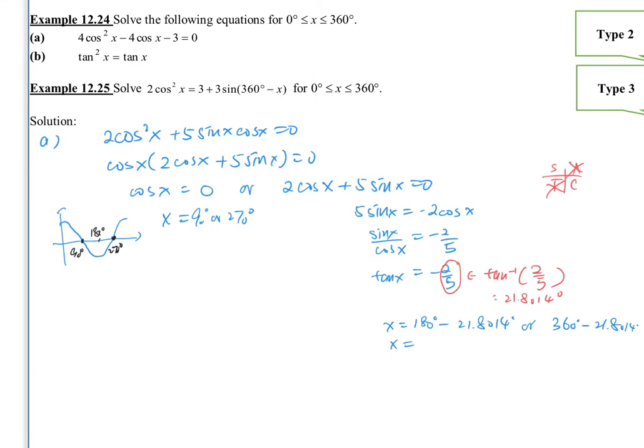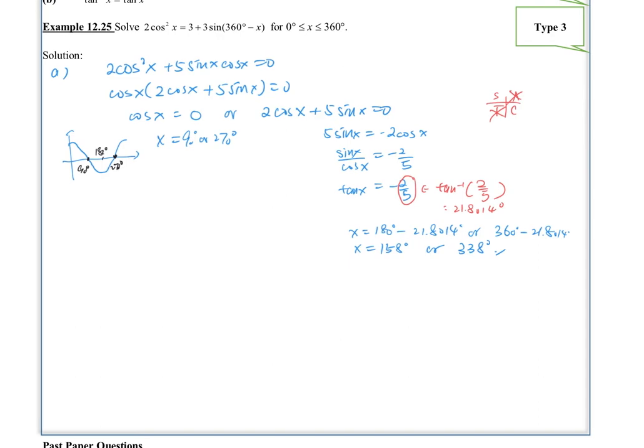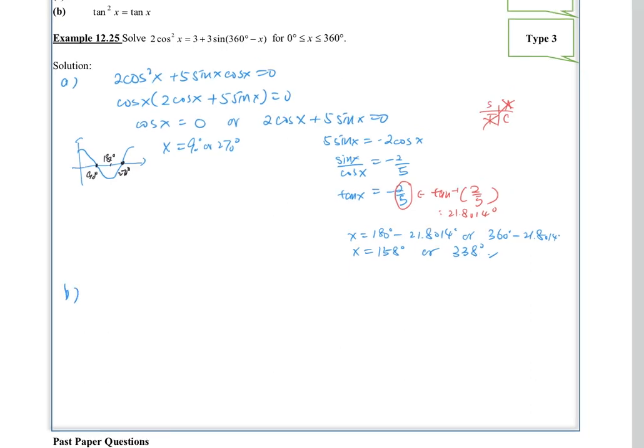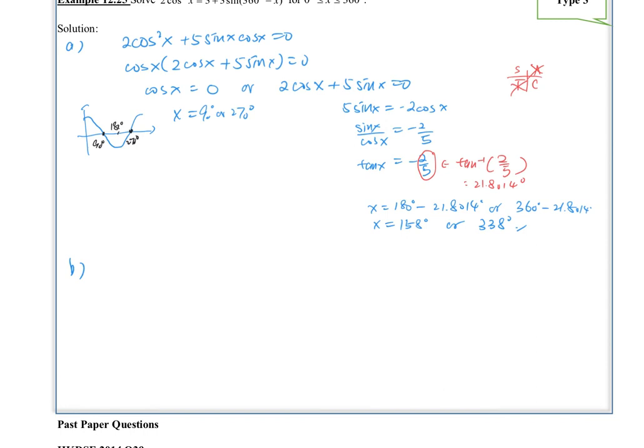So x is equal to 158 degrees or 338 degrees. So here it is. And let's move on to part B. So part B, we have cosine x equals tangent x.